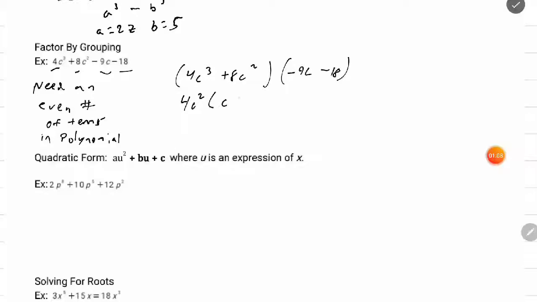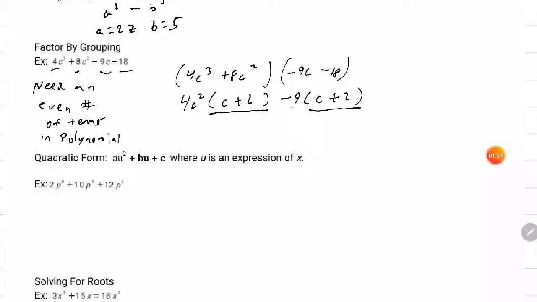And I get c plus 2. And then over here, I'm going to pull out a negative 9. And get c plus 2. So notice that this is c plus 2, and that's c plus 2.